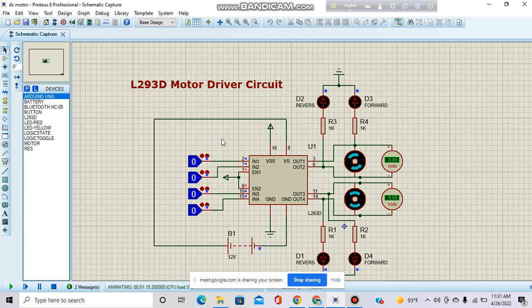Number 6 is output 2, number 7 is input 2, and number 8 is VCC 2. On the opposite side, number 9 is the ENB pin, number 10 is input 3, number 11 is output 3, and numbers 13 and 12 are also ground. Number 14 is another output pin, number 15 is input 4, and number 16 is VCC 1.